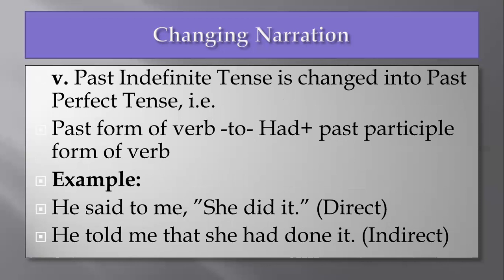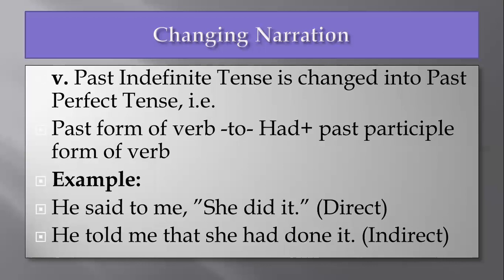Next, past indefinite tense is changed into past perfect tense. Be careful, dear cadets. This one is a very important one. Here, the structure is past form of verb to had plus past participle form of verb. See the example. He said to me, she did it.